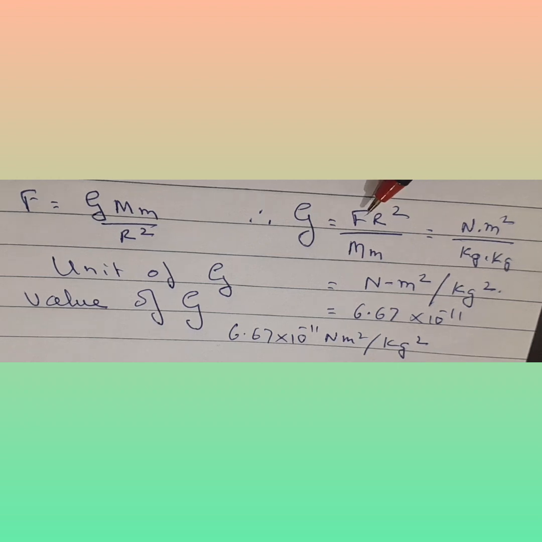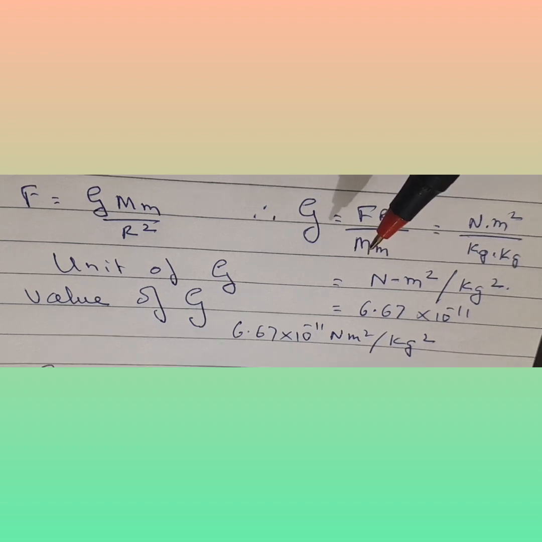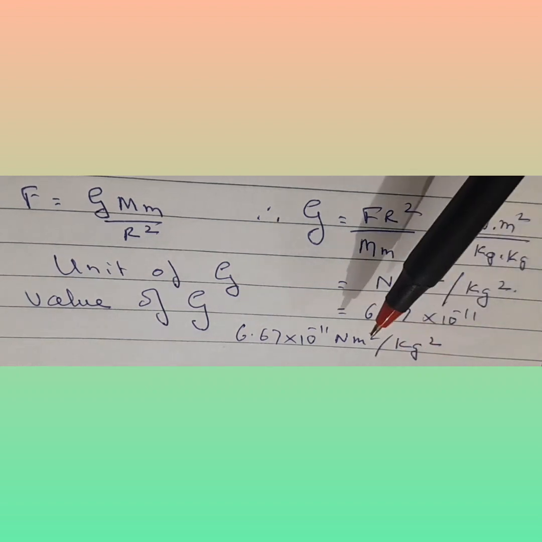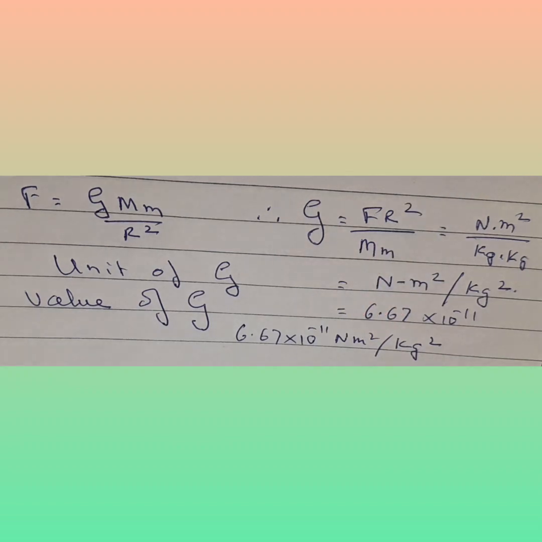Now the unit for force is Newton, r square is meter square, and the mass of Earth and the mass of the object are both in kgs. We are dealing with SI units, so kg, kg, kg, kg. So the unit takes the form of N m square upon kg square. Alright, so Newton meter square per kg square. That's the unit we get. So this is how we get the unit.